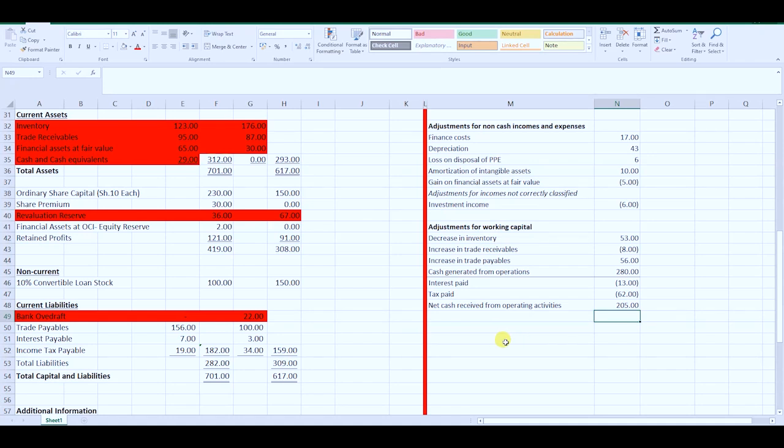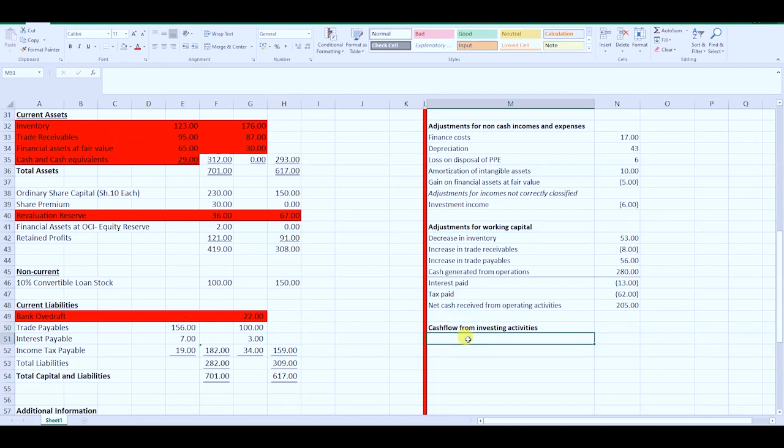We move ahead and talk about the cash flow from investing activities. We need to put it in a similar format to these adjustments here.